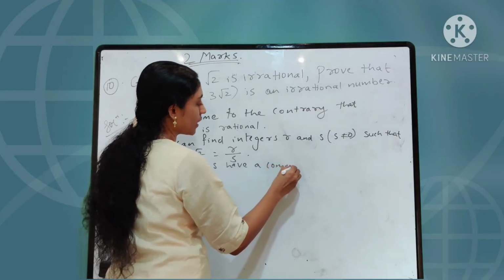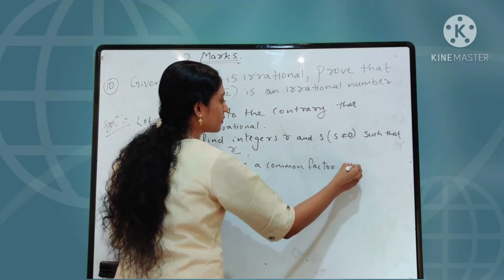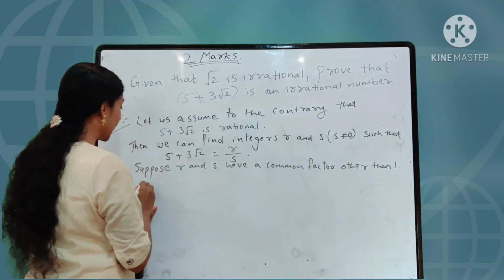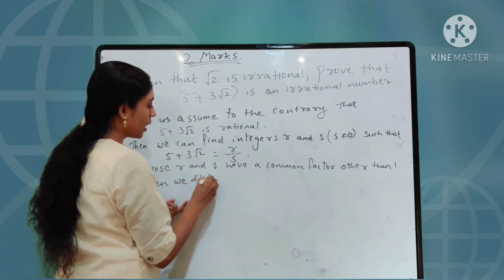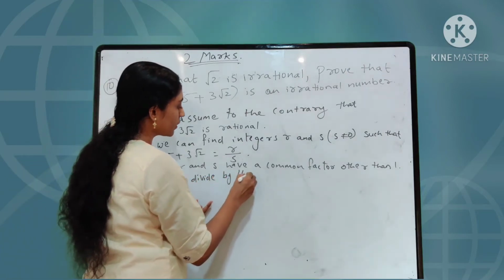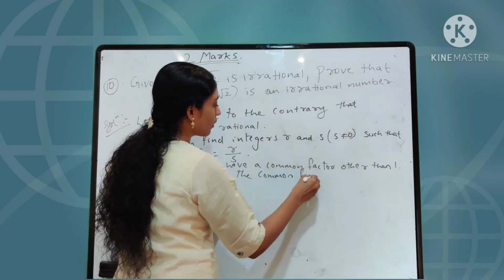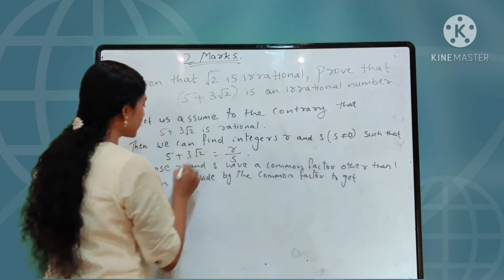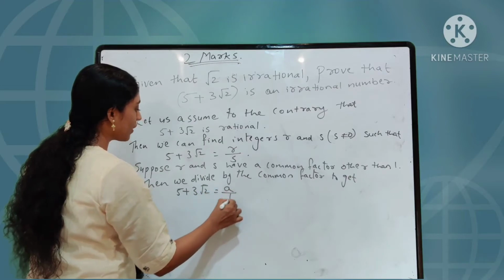Then what will we do? Then we divide by the common factor to get 5 plus 3 root 2 is equal to A by B.